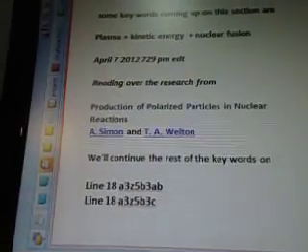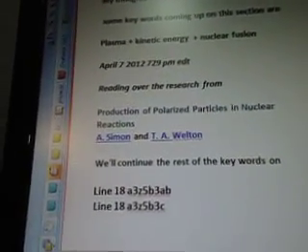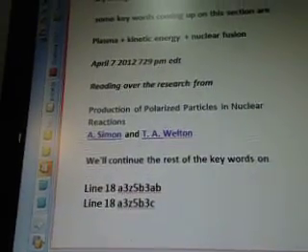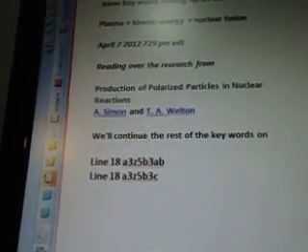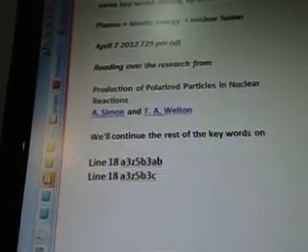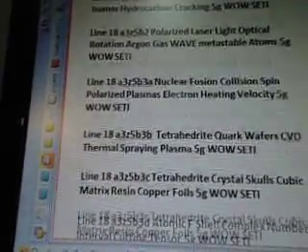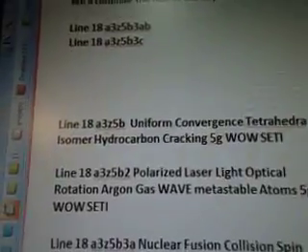April 7, 2012, 4 minutes later. Reading over the research from Production of Polarized Particles in Nuclear Reactions. We're going to continue the rest of the keywords on lines 18A, and this is where I started dividing it up into 2 modules, and of course it's worked out to 8 altogether. So as you can see, again, there's all the names of the videos. You want to start with this video first, line 18A, 3z5b.